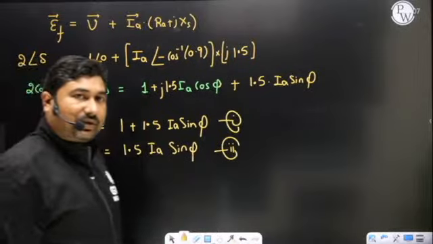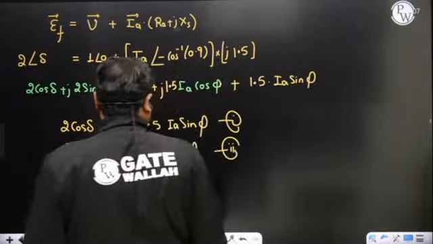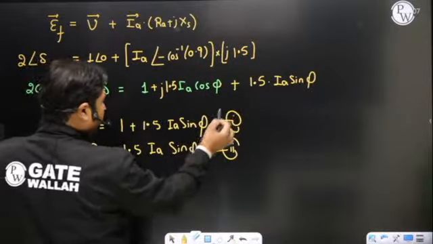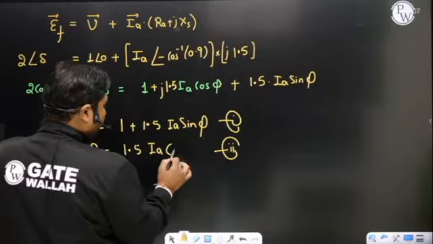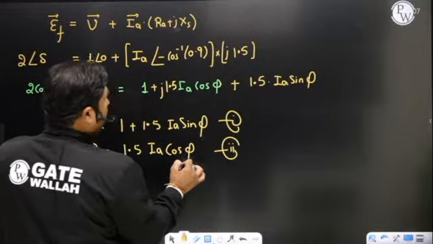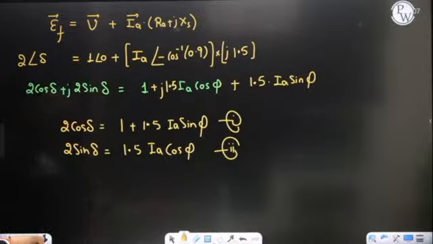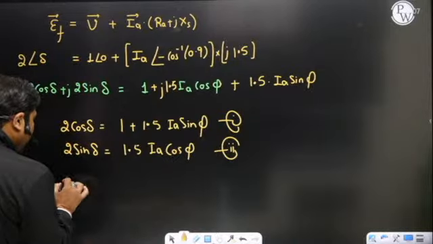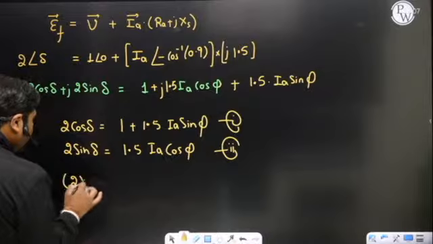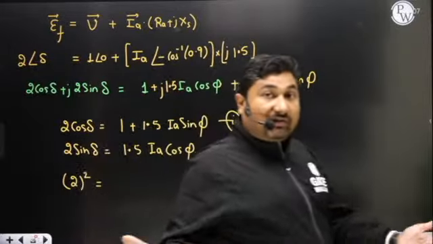The cos part will become imaginary and the sine part will become real because it is multiplied by j. So on squaring and adding equation 1 and 2, the left side will become 2 square, because cos square delta plus sine square delta is nothing but 1.